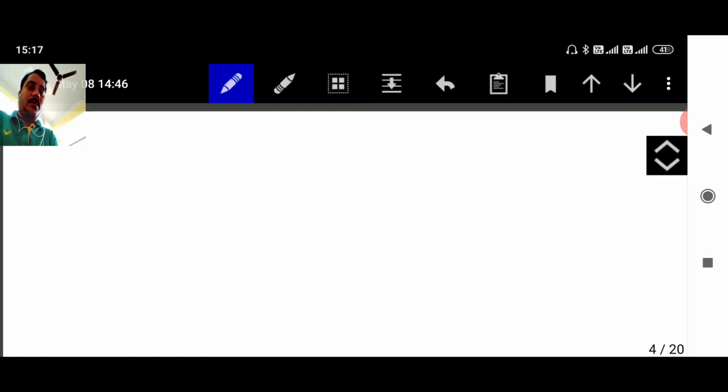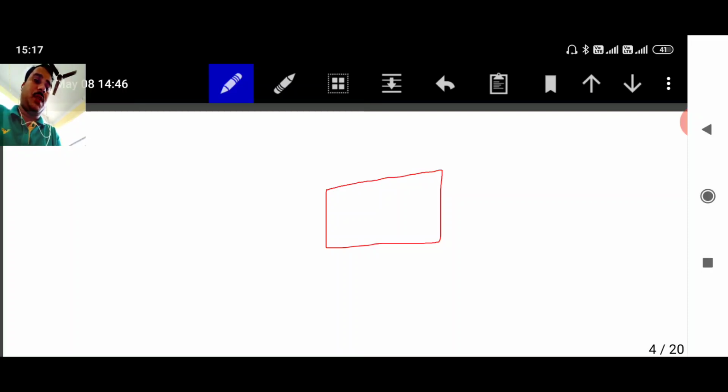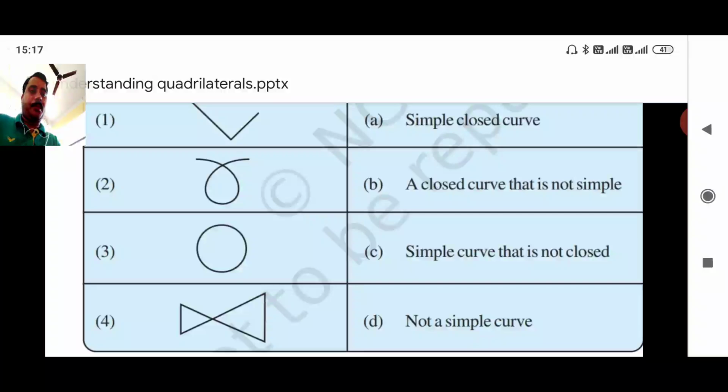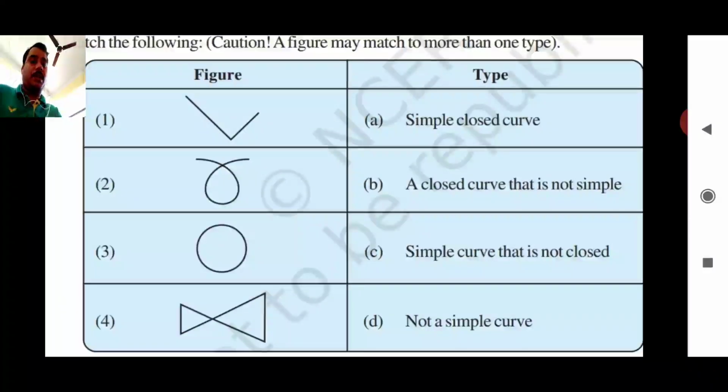And if a curve has no end and no start point, then it is known as closed. This is closed, this is closed, this is closed, these are closed. So I hope it is clear to you what is open, what is closed, what is simple, and what is complex curve.